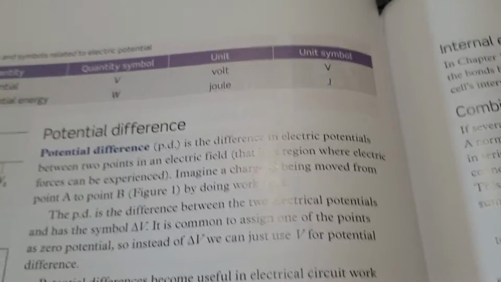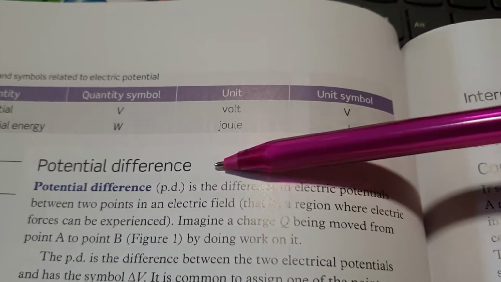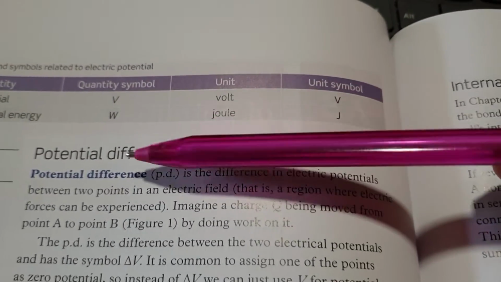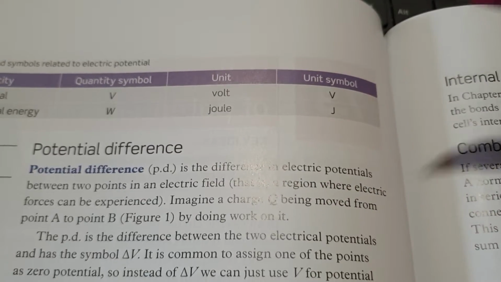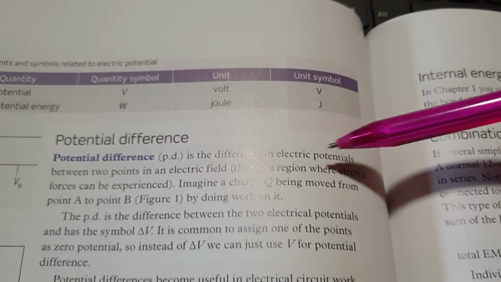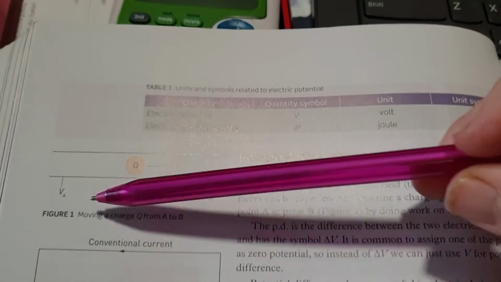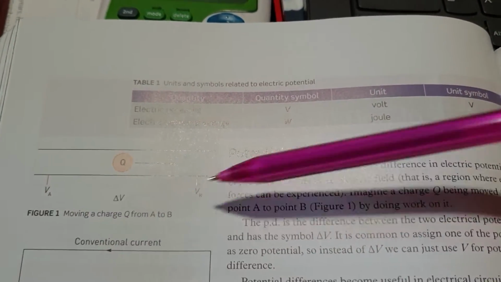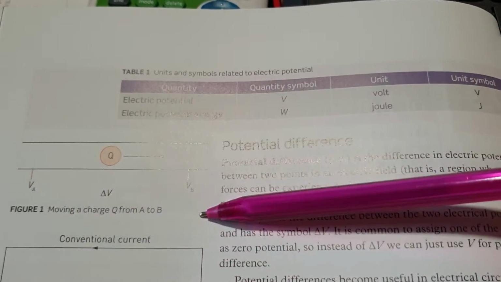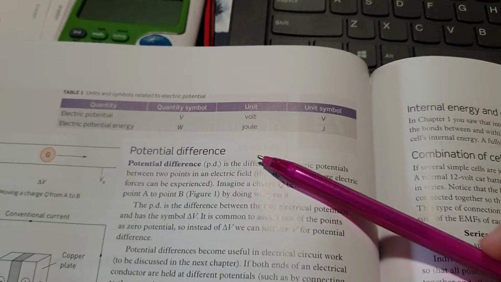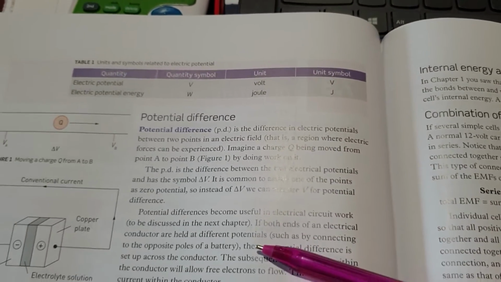Right. Potential difference is the difference in electric potentials between 2 points in an electric field. So they've got some charge being moved from A to B, and there's a difference in the voltage between the two. So potential difference is much the same as voltage.